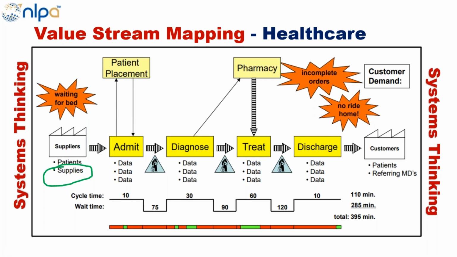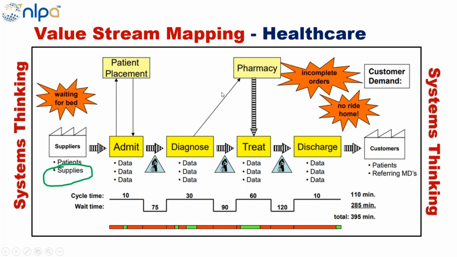285 minutes. You could see a lot of the time was consumed going from admit to diagnose, from diagnosis to treat, and then from treat to discharge. Right here is where a lot of the time is consumed in between the process steps. So the wait time was about 2 3/4 times more than the actual treatment time and cycle time.